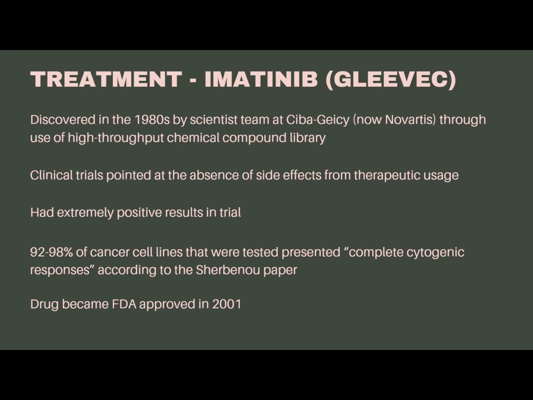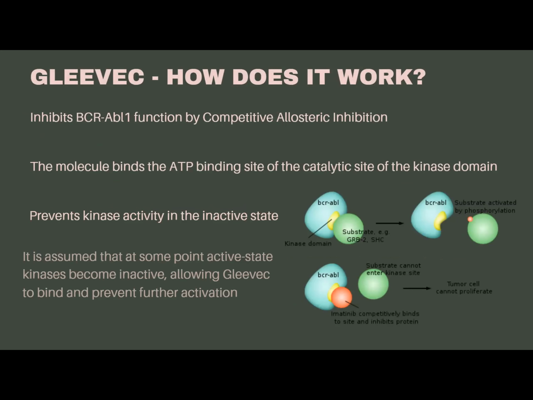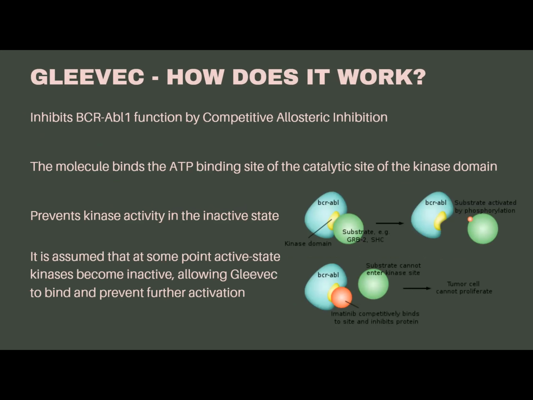So, Gleevec as a drug became FDA approved in 2001, or imatinib, if you wanted to say imatinib. So, how does Gleevec work? Gleevec inhibits BCR-ABL1 function by competitive allosteric inhibition. The molecule is going to bind to the ATP binding site of the catalytic site of the kinase domain.